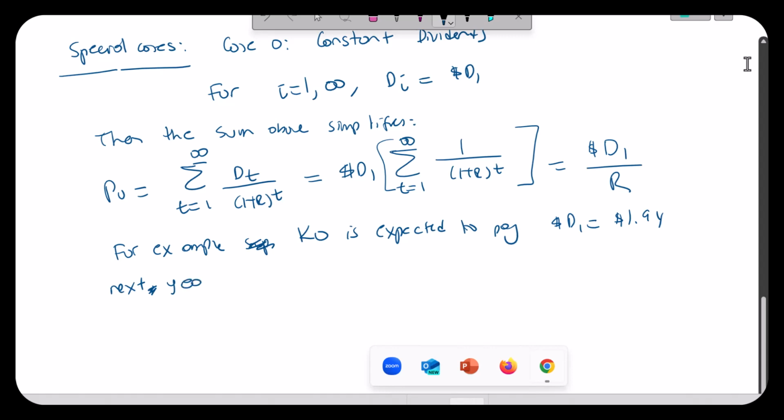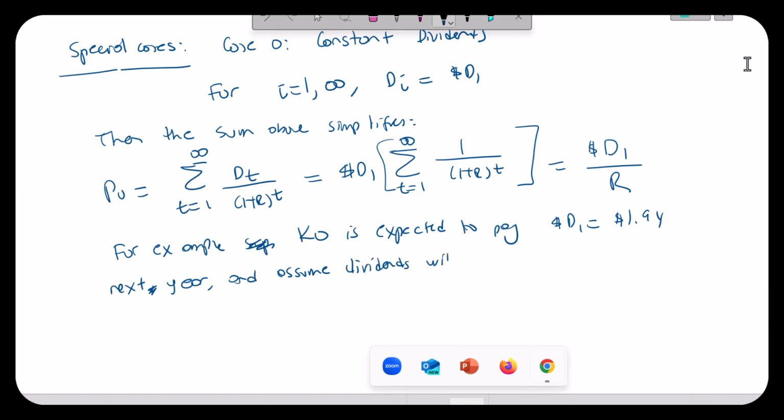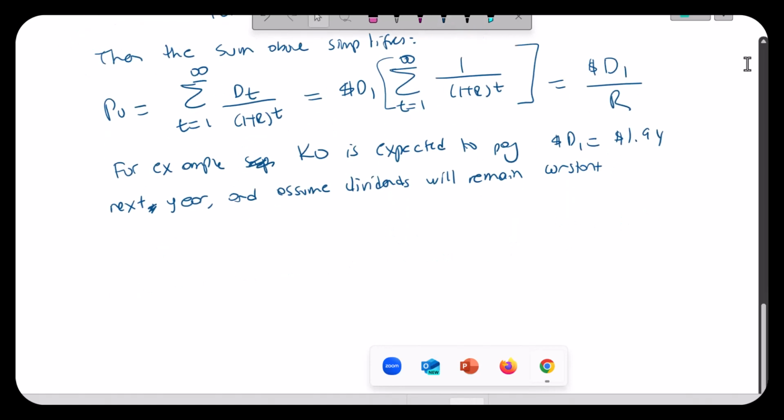And assume dividends will remain constant.